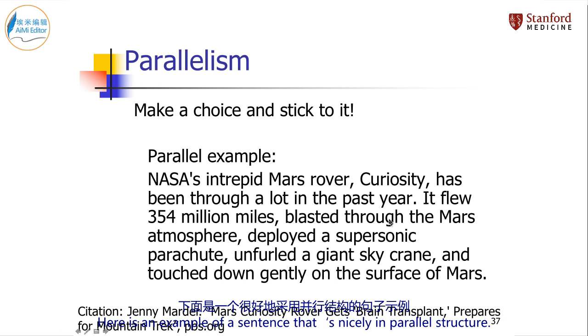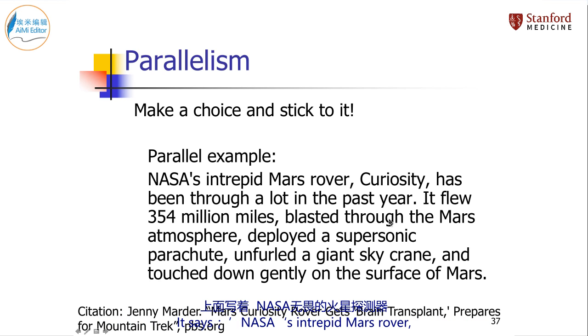Here's an example of a sentence that's nicely in parallel structure. It says, NASA's intrepid Mars rover Curiosity has been through a lot in the past year. It flew 354 million miles, blasted through the Mars atmosphere, deployed a supersonic parachute, unfurled a giant sky crane, and touched down gently on the surface of Mars.